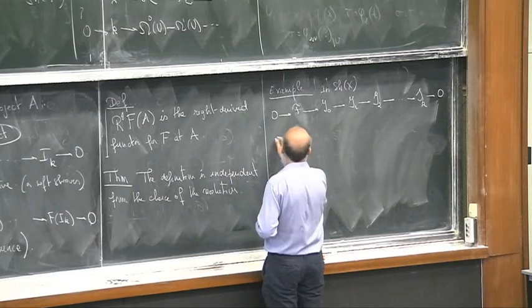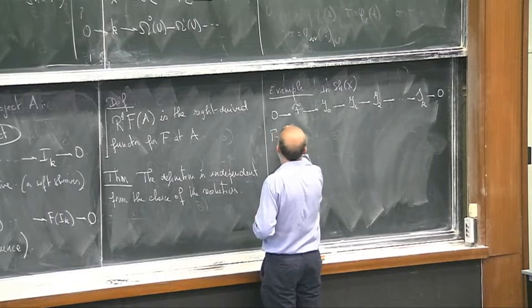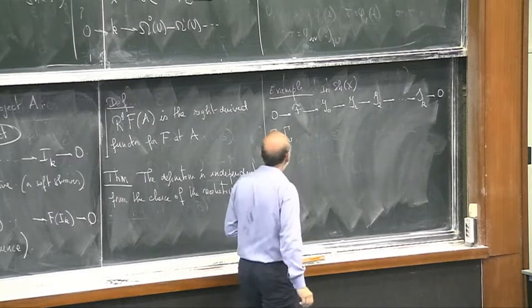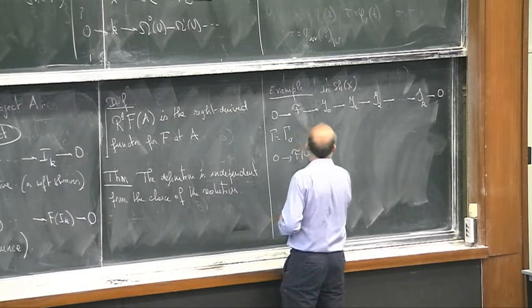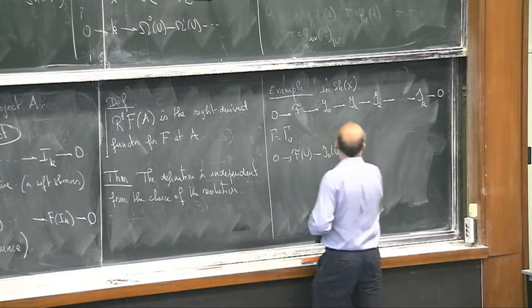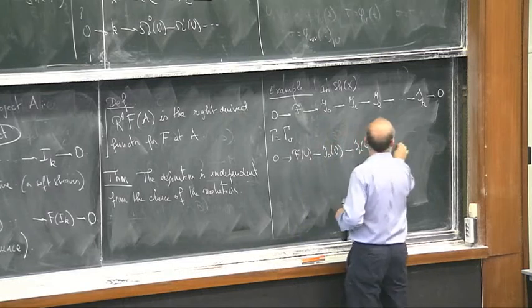And then I apply gamma of U. So I'm going to get 0, F of U, I0 of U, I1 of U, and so on.